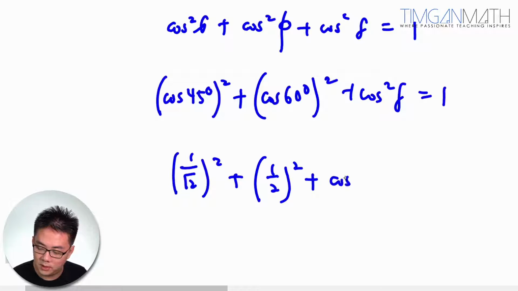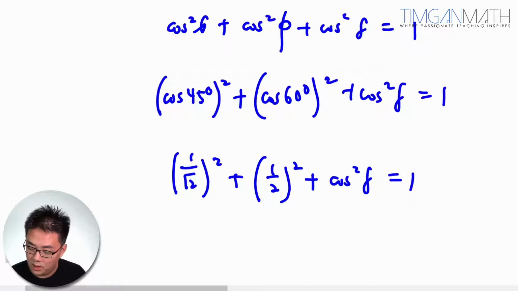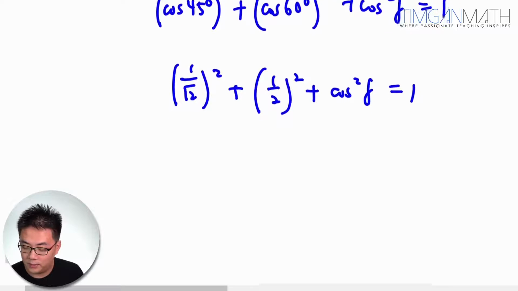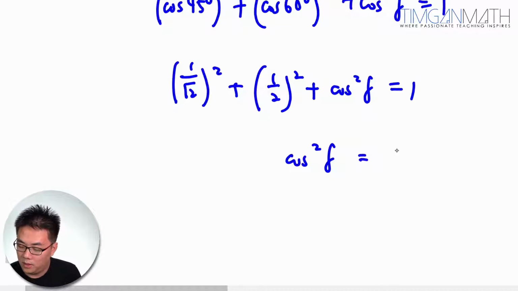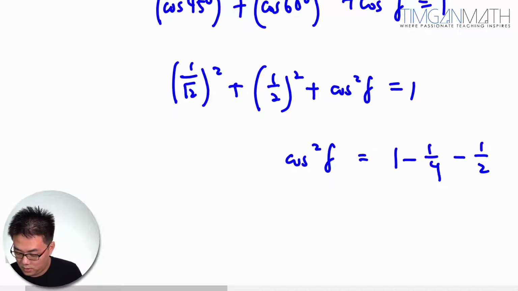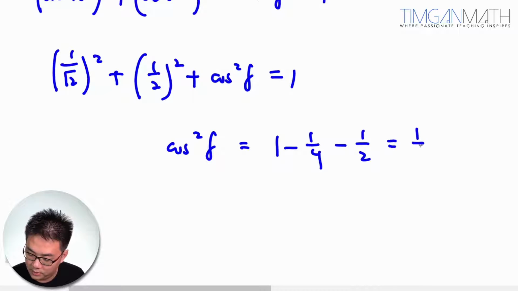Square plus cosine square sigma equals 1. So I'm just going to express this. Cosine square sigma is 1 minus 1 quarter minus a quarter, which would yield 1 quarter as well.